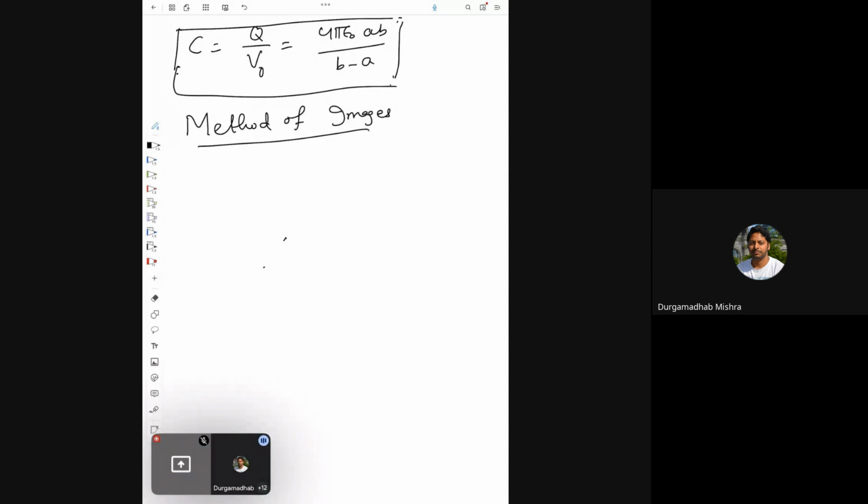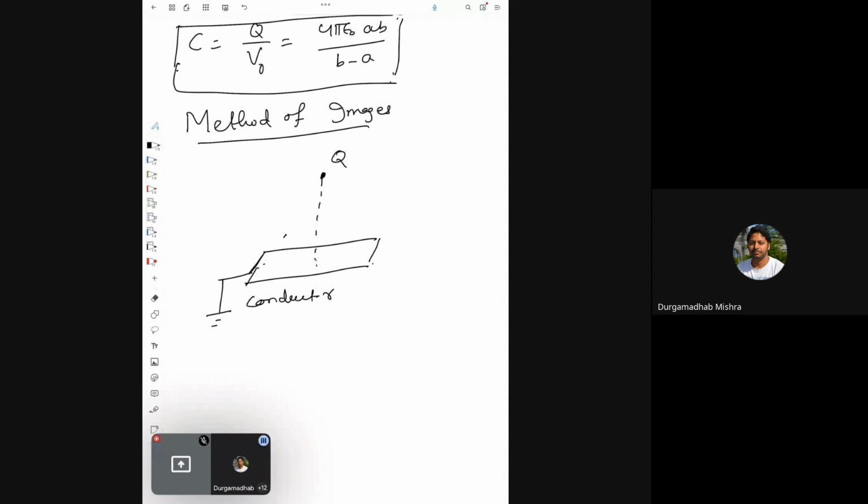Let me take an infinite sheet of conductor, a ground conductor, extended over infinity, and we have a charge q. If I take the coordinates like this, say the charge is at a height d with respect to this. So what will be the potential due to such a configuration?